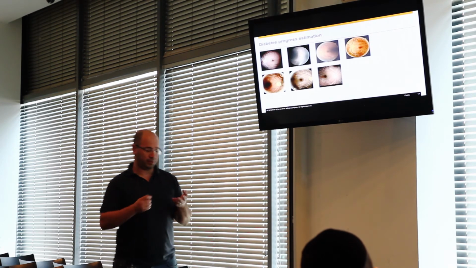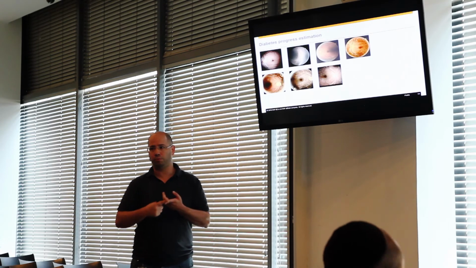Some images are in very good quality, some very poor, with different lighting. Some are rotated, some flipped. There are a lot of things that make the task very, very complex.